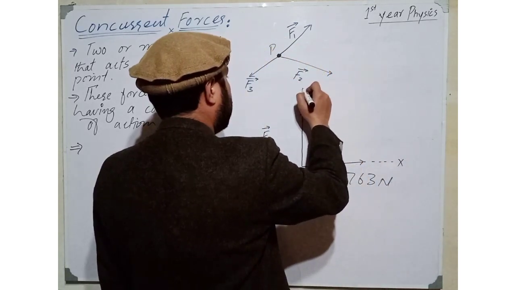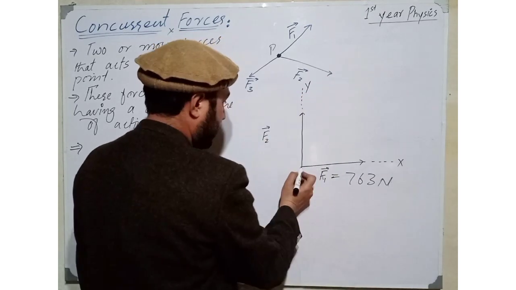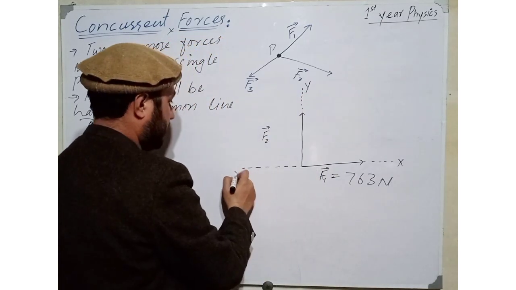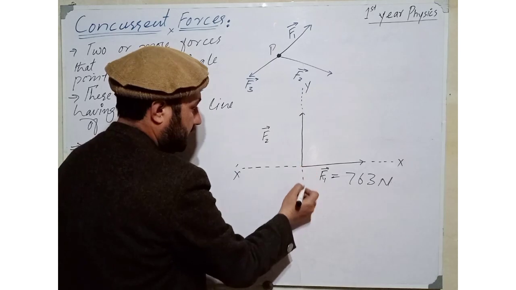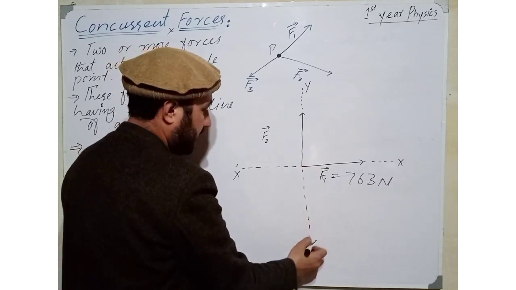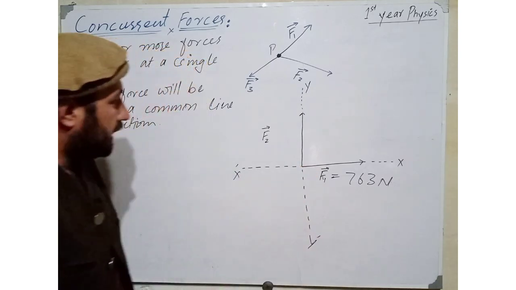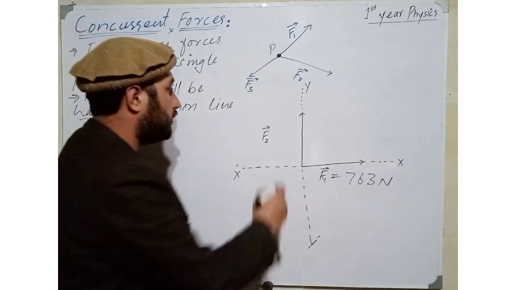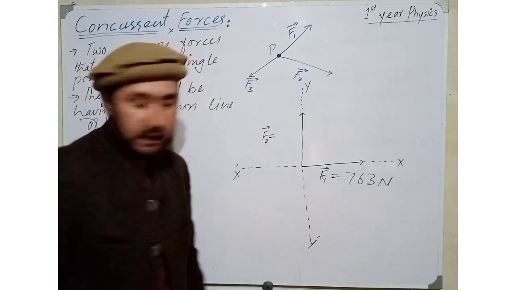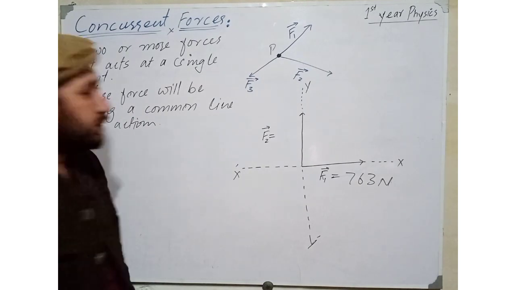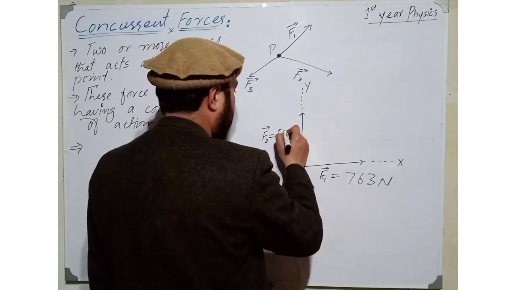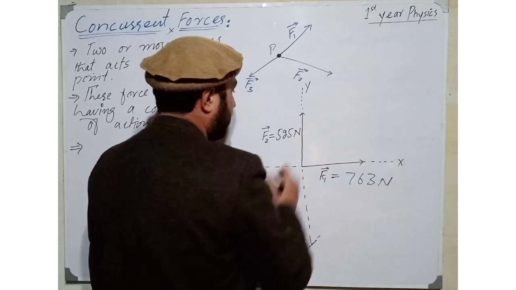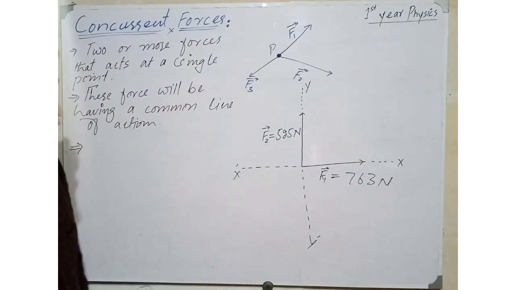F2 is acting along the positive y-axis. Let me extend the x and y axes, so this is y prime, this is x prime. Both these forces are mutually perpendicular, and let's say F2 has a magnitude of 525 Newton.